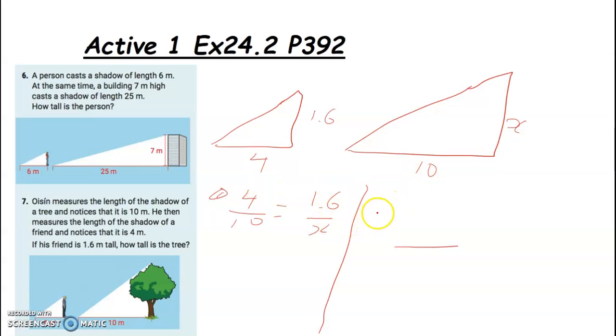So if I say 10 divided by 4, the ratio of 10 divided by 4 is the same thing as x divided by 1.6. This question is a lot easier to do, so this is method 2. This one is easier because the x is on the top of the line. Both of them can be done, but I'll do the easier method first.